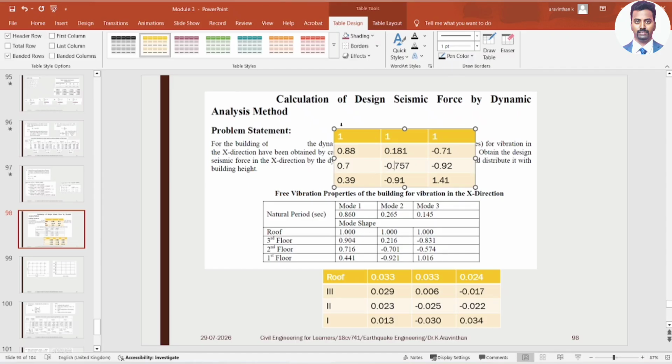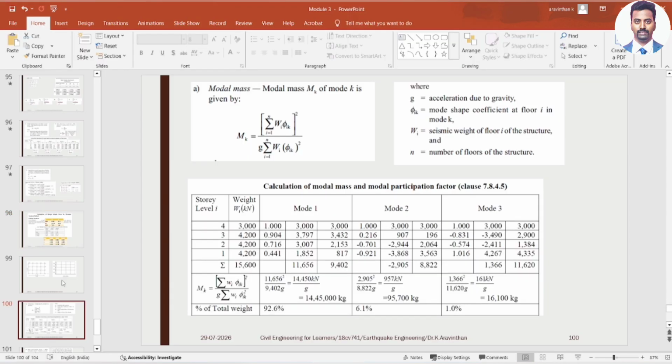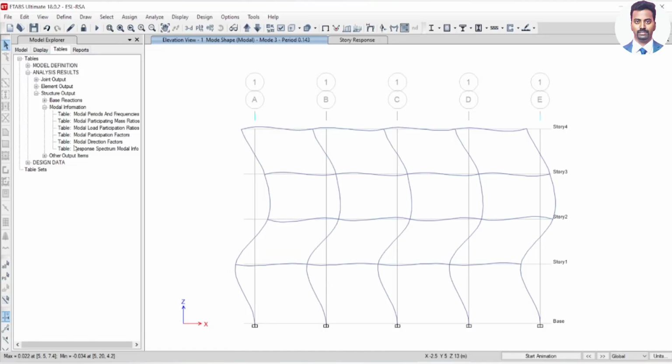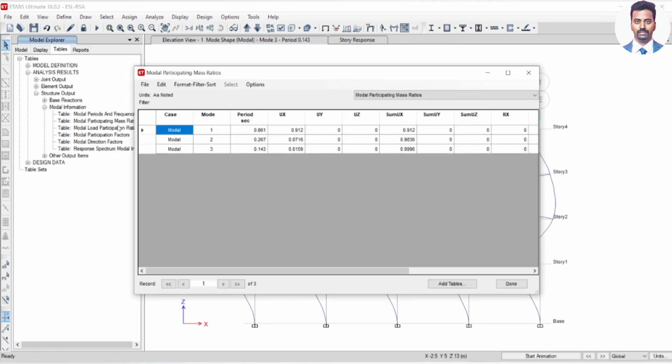Similar values you can see. There are some deviations. The modal mass participation factor is 92.6 in first mode, second mode 6, and third mode is 1. Let us check the modal participation factor. 91.912.